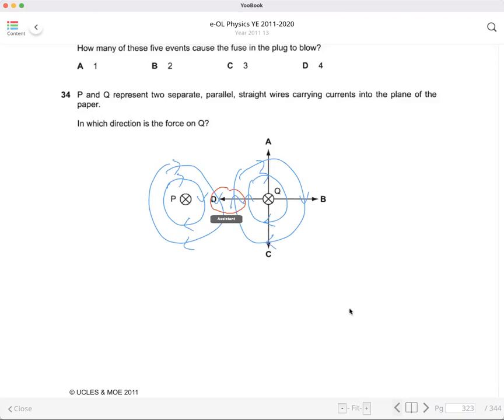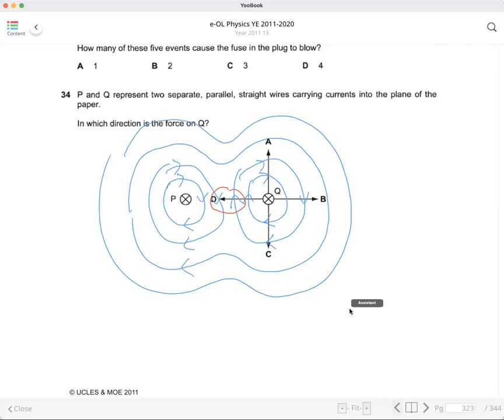So eventually your magnetic field will be in this manner. Understand? It means that you are pushing the two wires together. So when you push the two wires together, the answer will be D. So all of us got it correct.